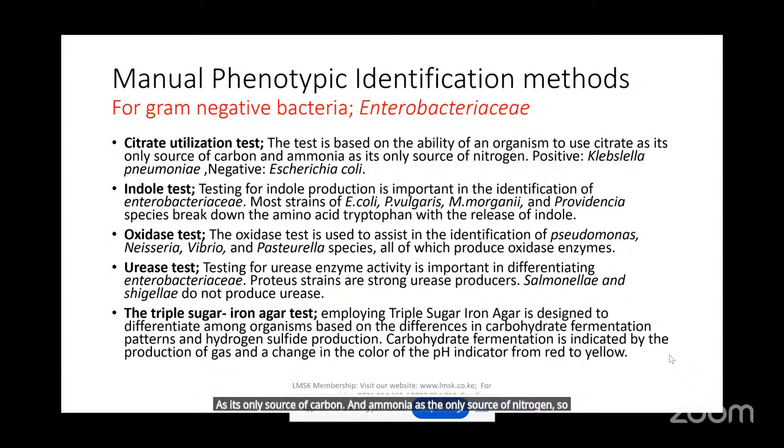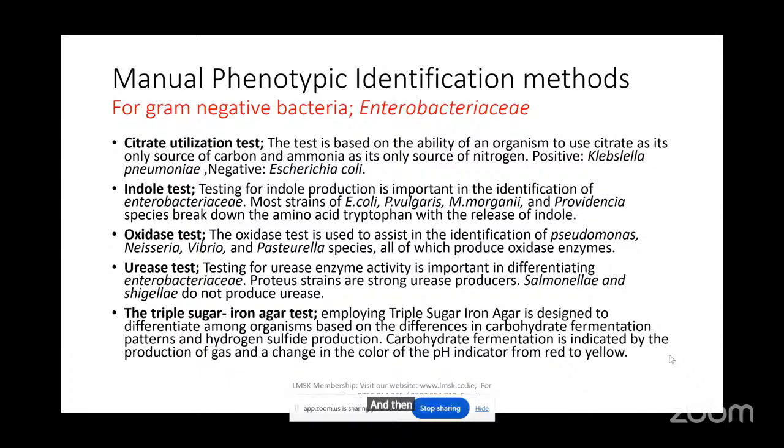So you'll have Klebsiella being positive and E. coli being negative. You have indole test, testing for indole production for differentiating different species of Enterobacteriaceae: E. coli, Proteus vulgaris, Morganella morganii, Providencia.